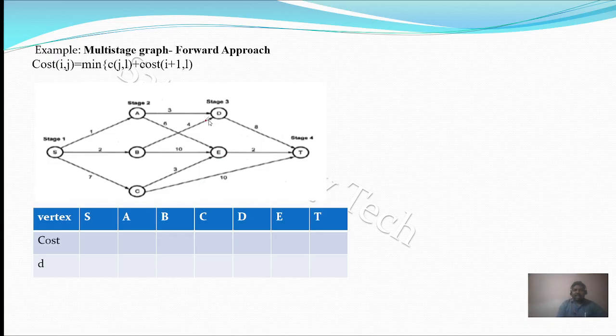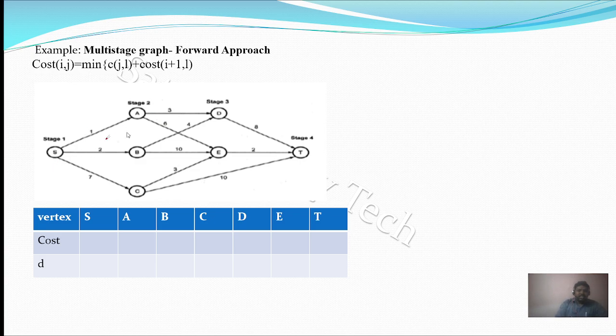For example, A to E is the shortest one, so you take A to E and then E to T to reach the sink T. This is the shortest path.